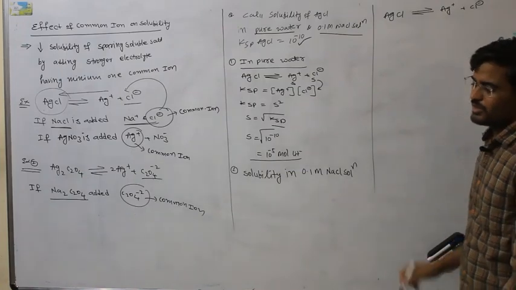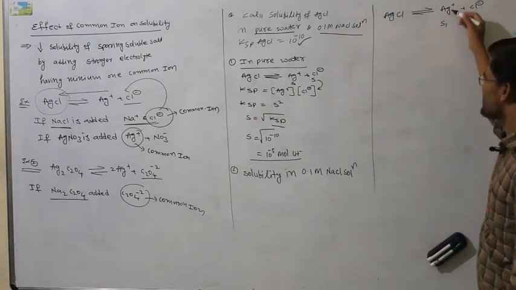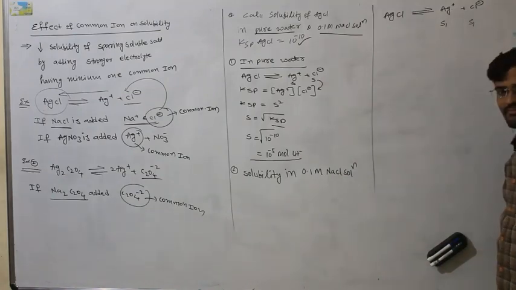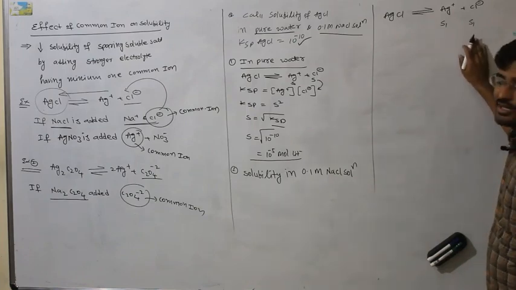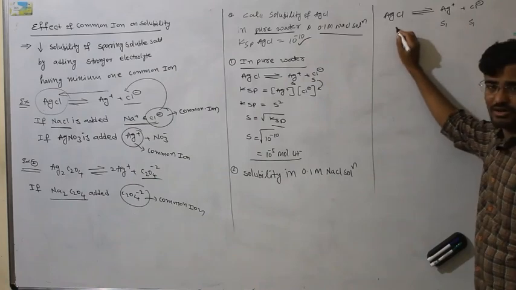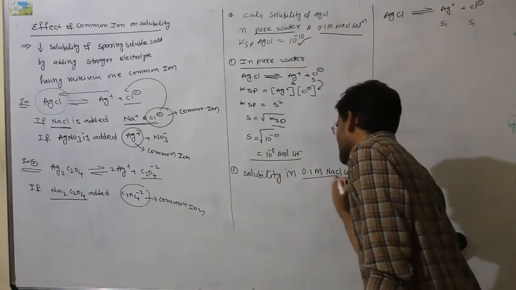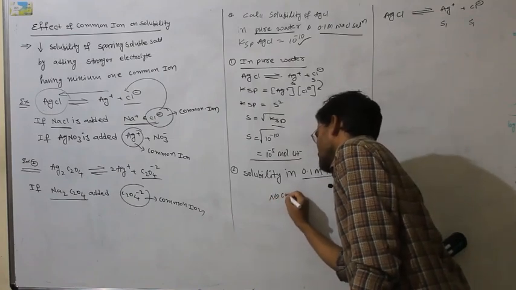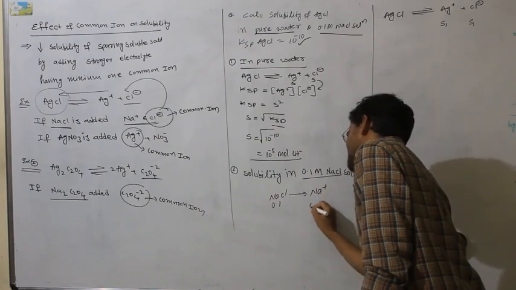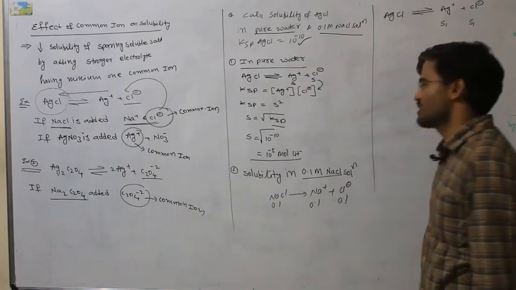So what I will do, I will take the solubility as S1. If it is S1, Cl minus also becomes S1. But in the solution, is Cl minus only coming from the silver chloride? No. Chloride is also available from the sodium chloride. So sodium chloride which is 0.1 mole, when it splits, Na plus ion will come 0.1 mole and chloride ions also will come 0.1 mole.